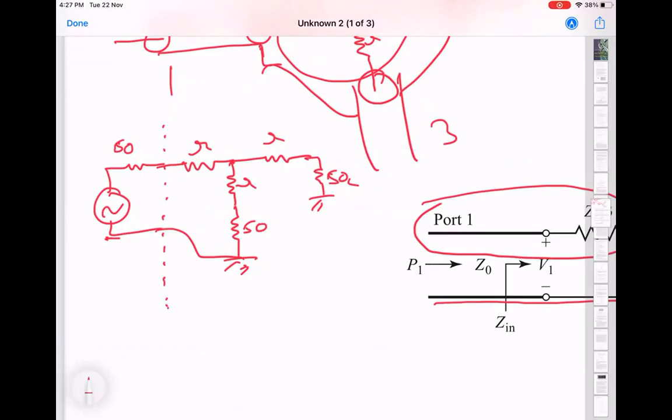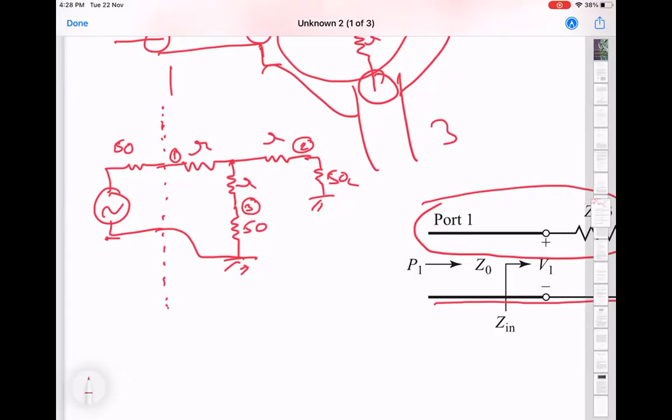So remember, this is port 1, this is port 2, and this is port 3. So I've terminated port 2 and port 3 with 50 ohms. So that's the matching condition. And the input source is, of course, 50 ohms. So what we want to know is whether, from this point, the rest of the circuit looks like 50 ohms or not, right? If it does, the value of R we need is basically the matching condition.